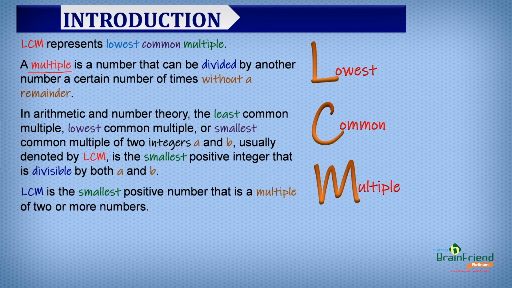A multiple is a number that can be divided by another number a certain number of times without a remainder. So simply put, LCM is the smallest positive number that is a multiple of two or more numbers. Of course, L stands for lowest, C stands for common, and M stands for multiple.